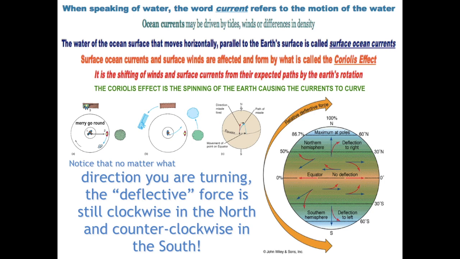Well, that ball will curve off and not reach your friend on the other side of the merry-go-round. That's this idea of the Coriolis effect. Because the earth is spinning, wind and water will now deflect or curve to a different direction. It will curve clockwise in the north and counterclockwise in the south.